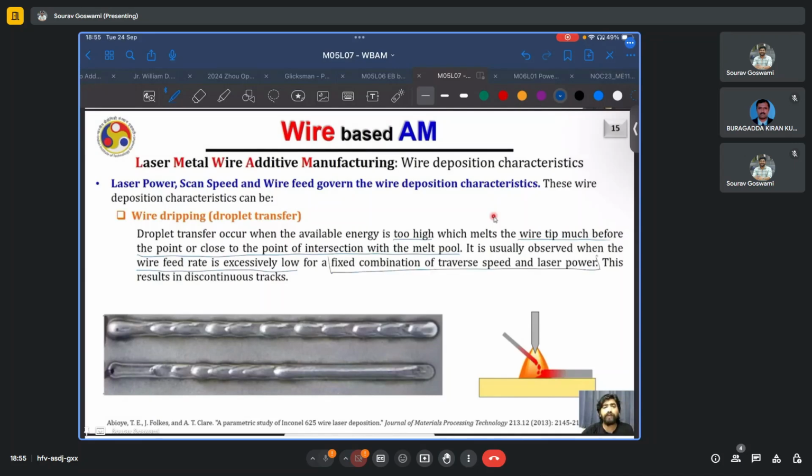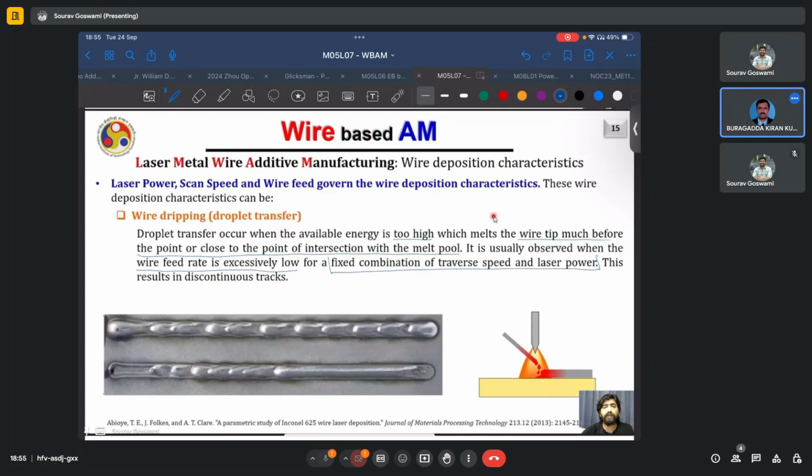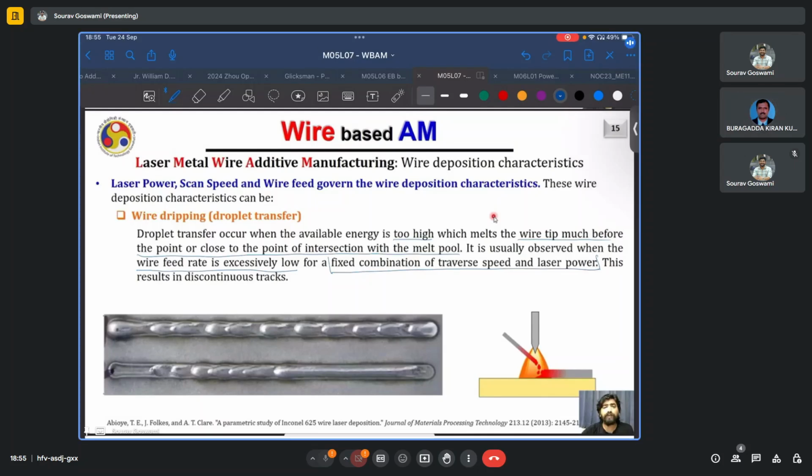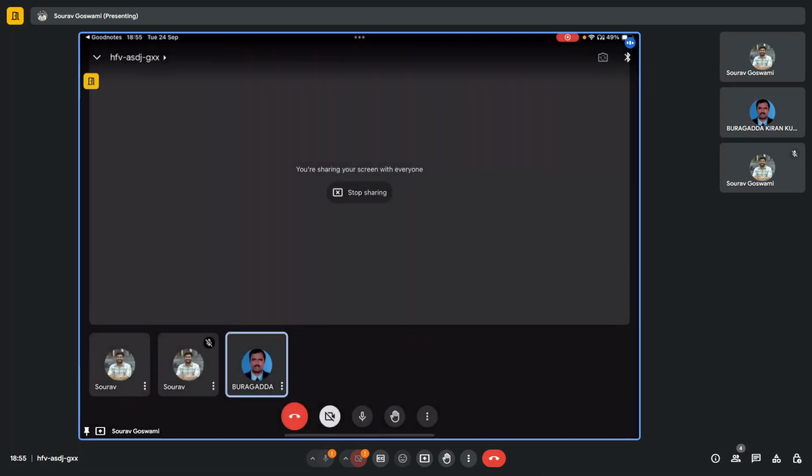Of course, typically, how we optimize these parameters is we keep two parameters fixed and vary the third. Sir, the screen is not visible. Is there some issue? Please allow me to reshare.